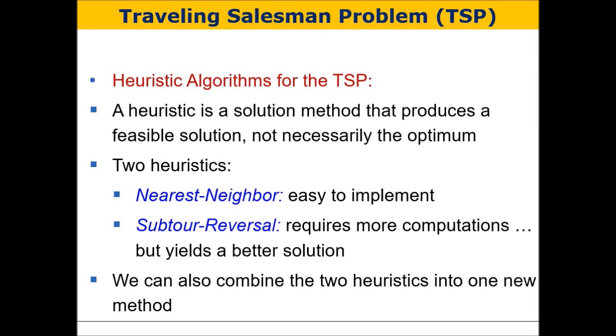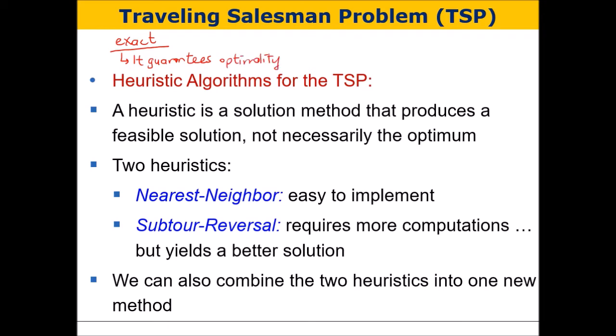So basically, we divide solution algorithms into two: exact solution algorithms and heuristics. When a solution algorithm is exact, it means that it guarantees optimality.